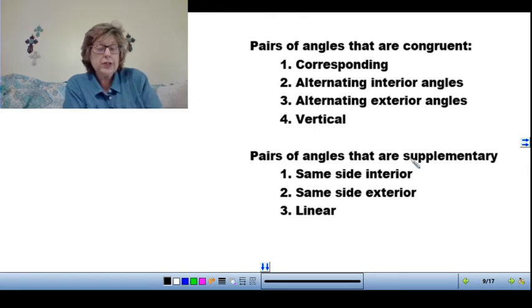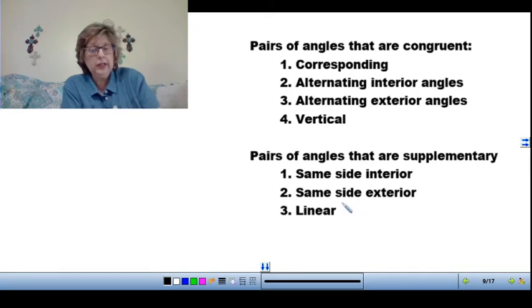Pairs of angles that are supplementary are our same side interior, same side exterior, and our linear pair. So if I've got a variable with one of these three, I'm going to add the two angles and set them equal to 180, because that's what supplementary does. These facts help me set up the problem.